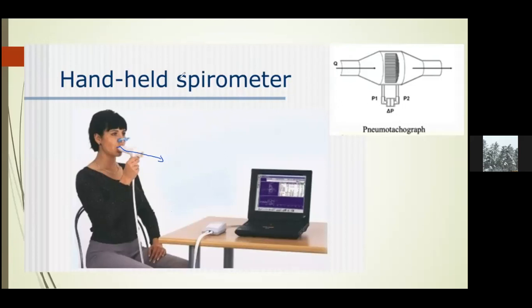And when you breathe in, the air moves in the opposite direction, back to the mouth. So how do you measure volume? Since you are not capturing the air, how are you going to use this device to measure volume?